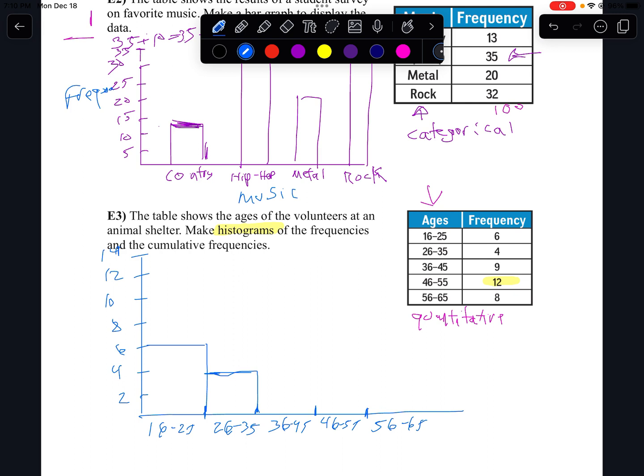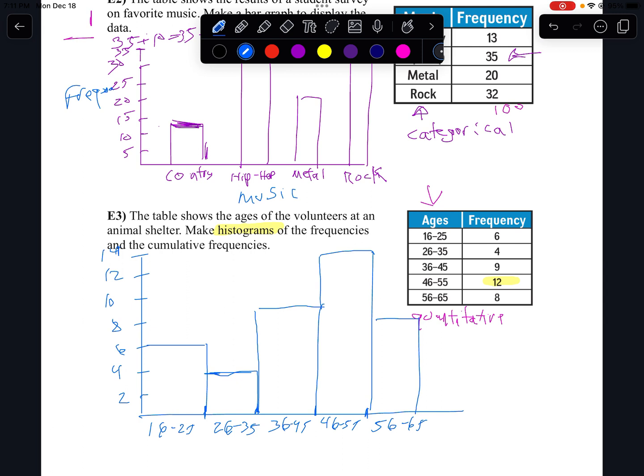Notice how they touch because where one stops, the other begins. 36 to 45 is going to be up here at 9. 46 to 55, I'm going to go up to 12. And then 56 to 65, I'm going to be at 8. Kind of ran into my chart there.